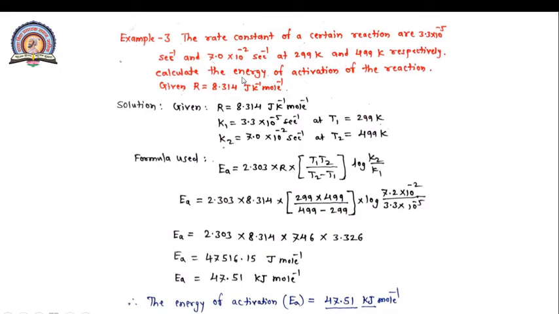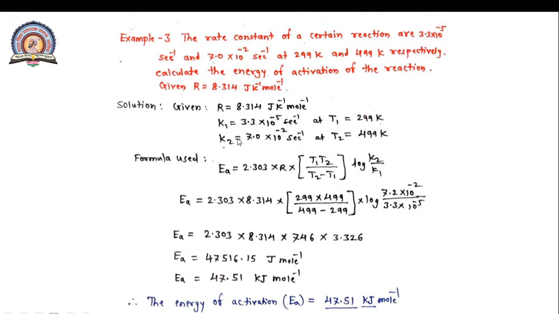Now solve this problem. The solution, the given things: the value of R is given, that is 8.314 joule per Kelvin per mole. Now the rate constant, that is velocity constant, K1 is equal to 3.3 into 10 raised to minus 5 per second at temperature T1, that is 299 Kelvin.